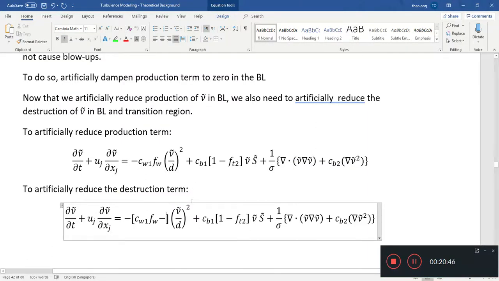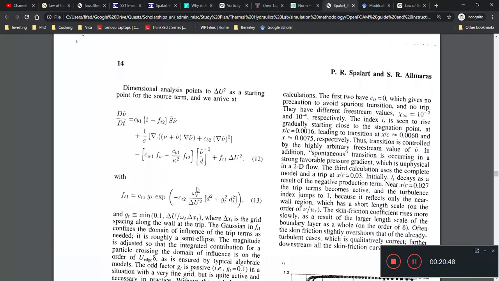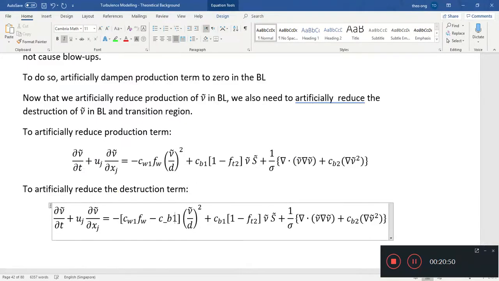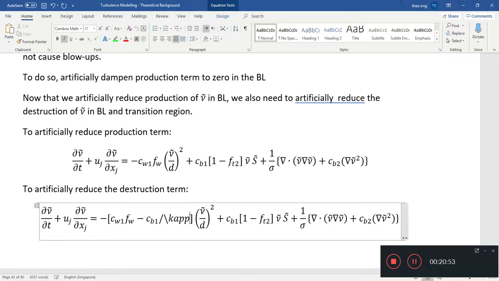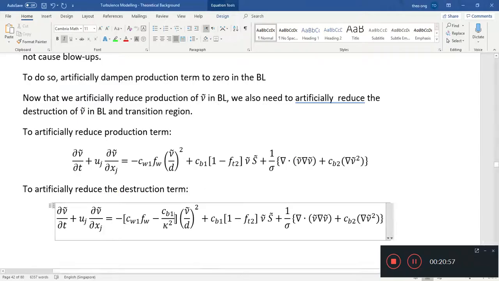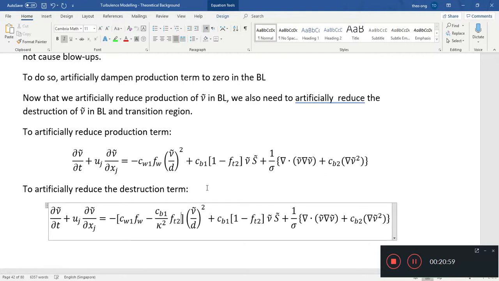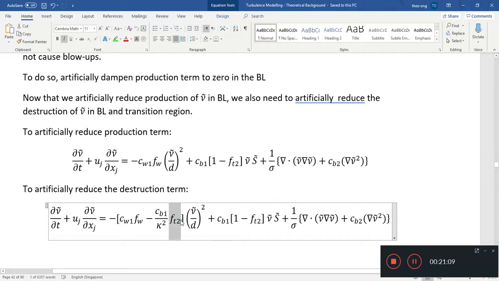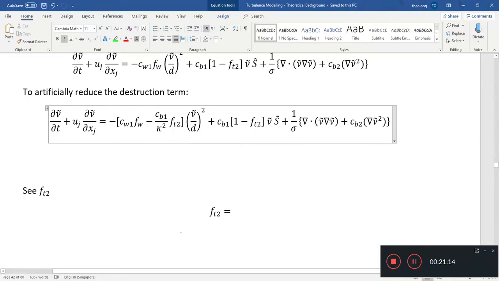So here cb1 is another basic constant, divided by the von Karman coefficient, about 0.41, and then you multiply by this ft2, the damping function. What does this damping function look like?